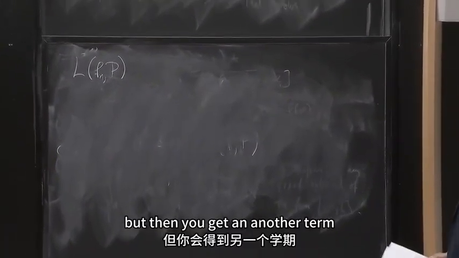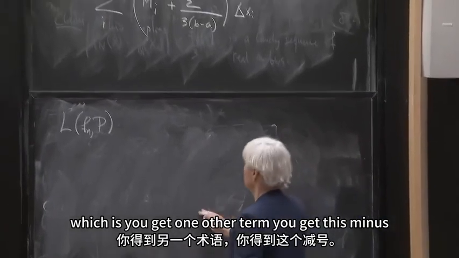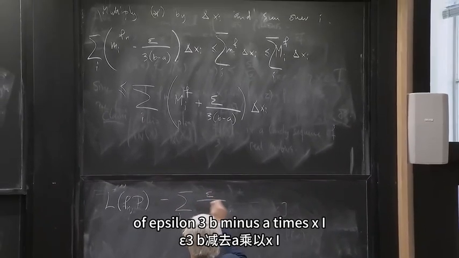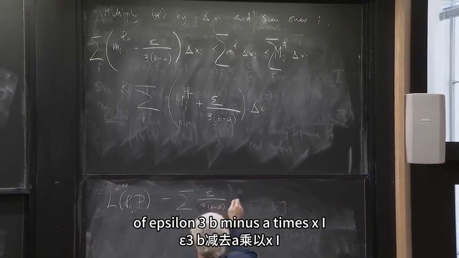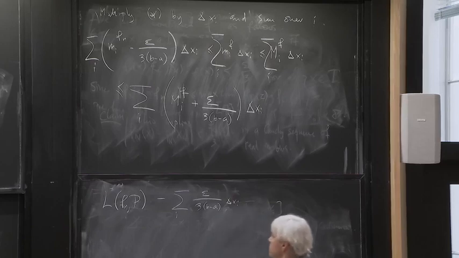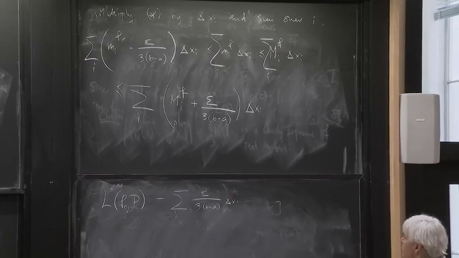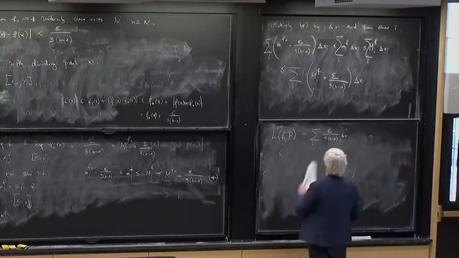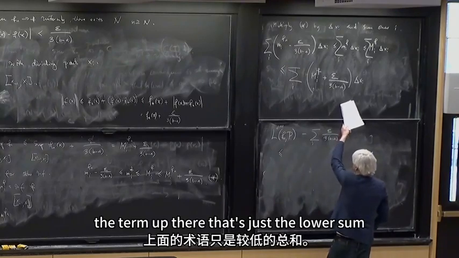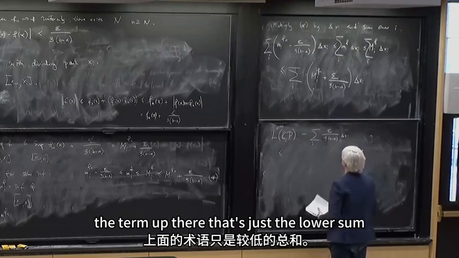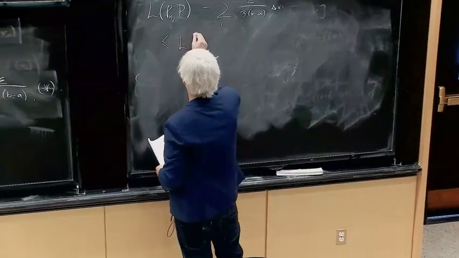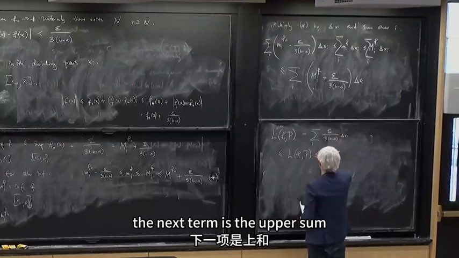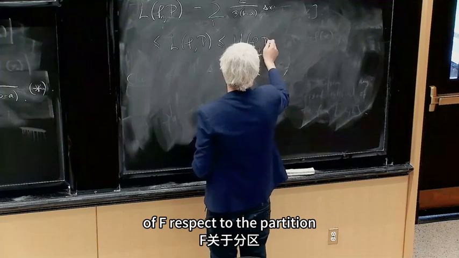But then you get one other term, which is this minus, summing over the i of epsilon over 3(b minus a) times delta x_i, right? And then it's less or equal to the term up there. That's just the lower sum of f with respect to the partition. The next term is the upper sum of f with respect to the partition.